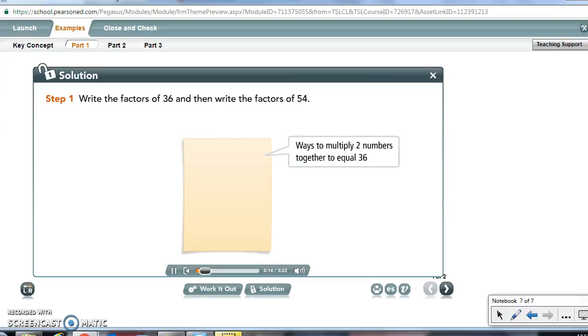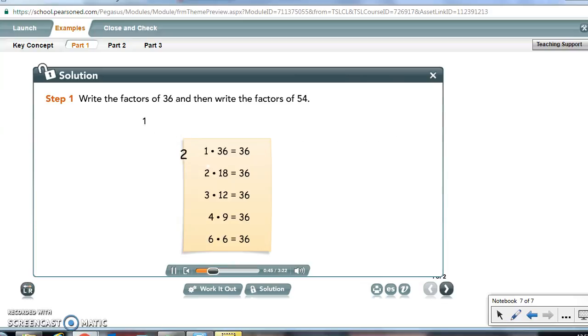List all of the different ways that you can multiply two numbers together to equal 36. 1 times 36 equals 36. 2 times 18 equals 36. 3 times 12 equals 36. 4 times 9 equals 36. And 6 times 6 equals 36.